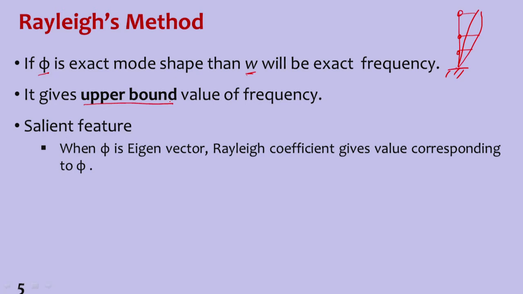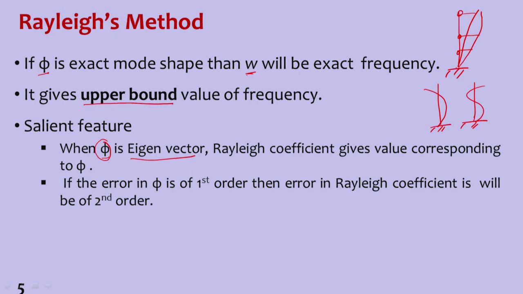The salient features are: when phi is an eigenvector, Rayleigh's coefficient gives the value corresponding to that phi. We can assume this as a first mode, or a second mode, or a third mode. Any mode shape we are assuming as phi, we will get the corresponding natural frequency.